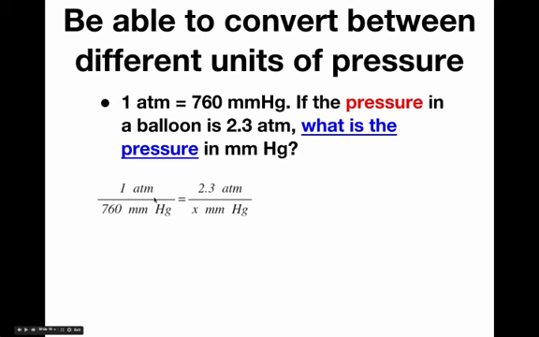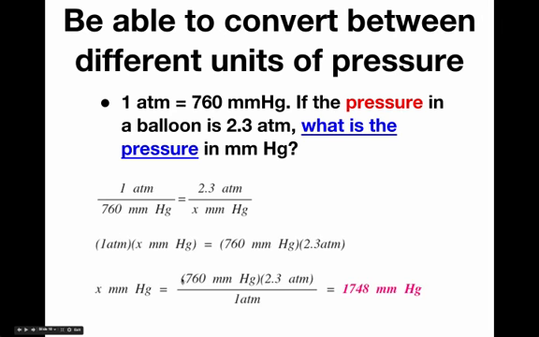So if 1 atmosphere is 760 millimeters of mercury, 2.3 atmospheres is x millimeters of mercury, and we solve for x by cross multiplying and dividing. Cross multiply, we get 1 times x, that's shown here, is equal to 760 times 2.3. And we need to get the x all by itself, so we need to divide both sides by 1 atmosphere.